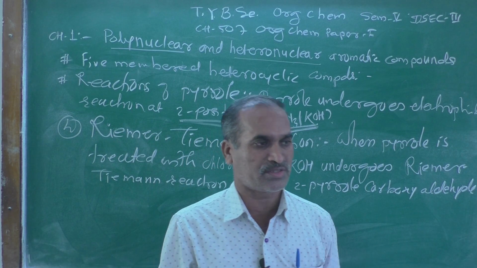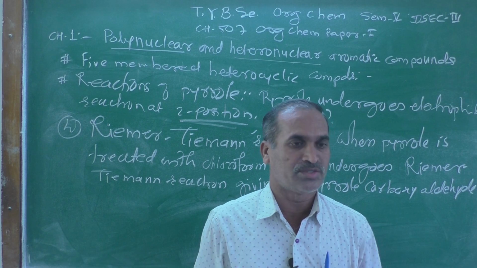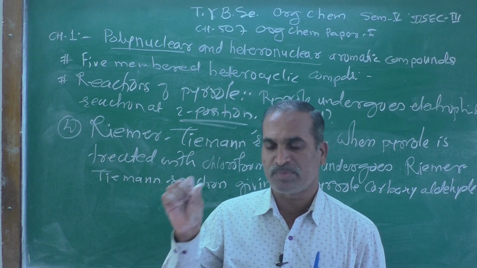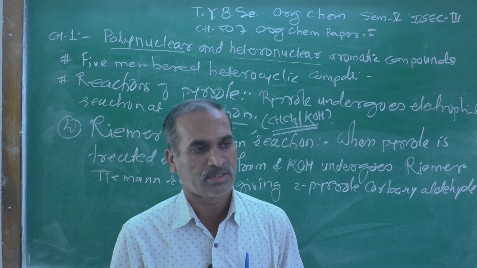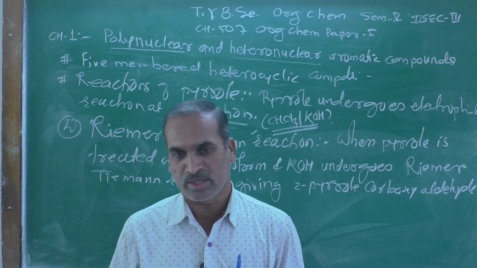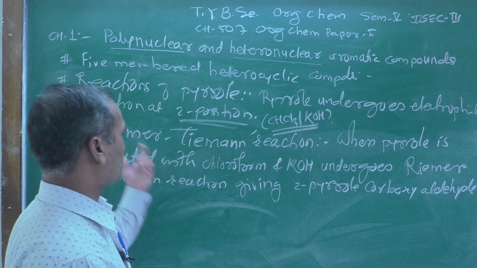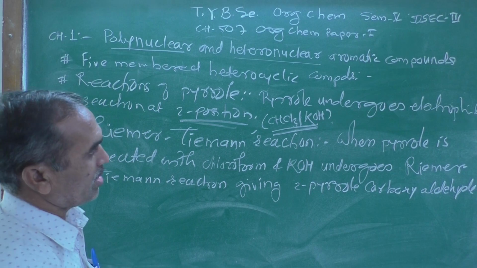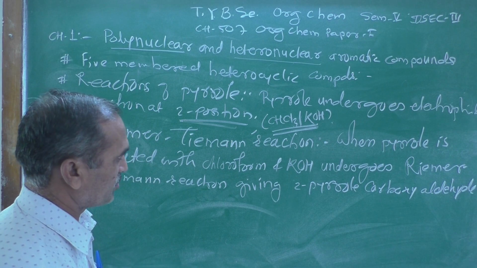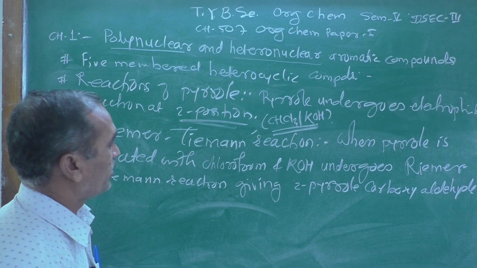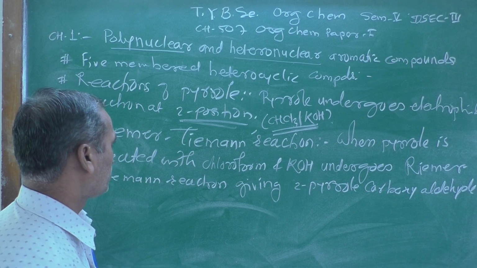Whenever there are name reactions, they use a specific reagent, and that specific reagent generally introduces a specific group into the aromatic compound, and therefore these are famous reactions. Always remember chloroform and potassium hydroxide are generally employed as the reagent, and the formyl group is introduced in the aromatic compound.